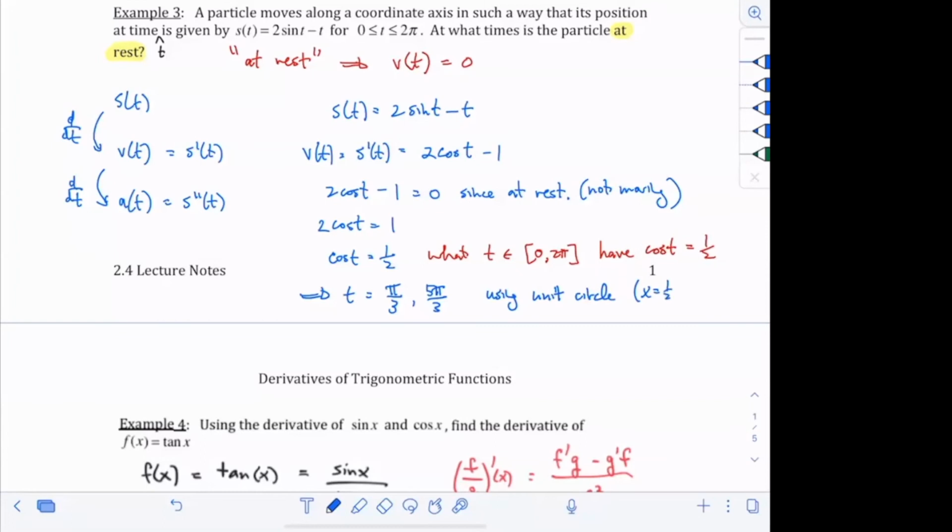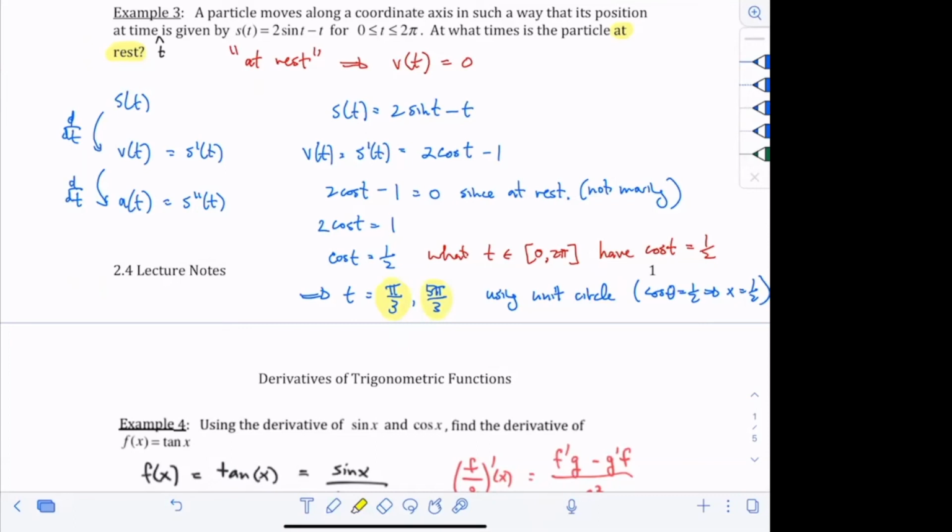Cosine of theta is equal to 1/2 is the same thing as saying x is equal to 1/2. So we're looking for the x values that are 1/2. Okay, so that's how I get these two angles.